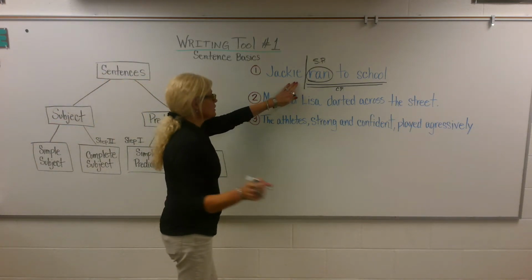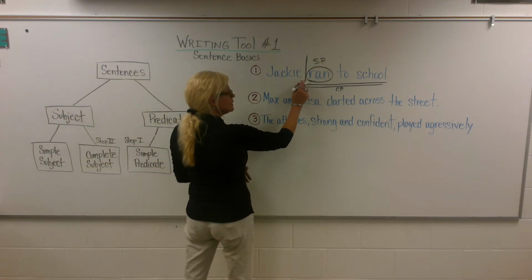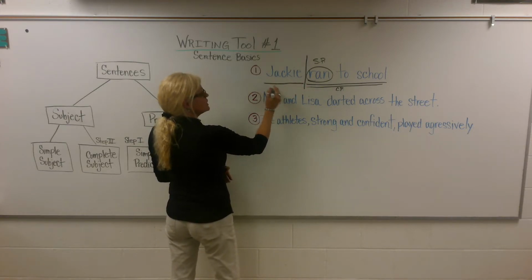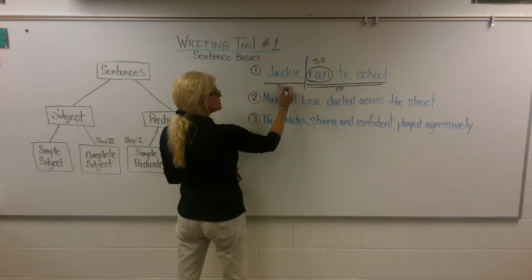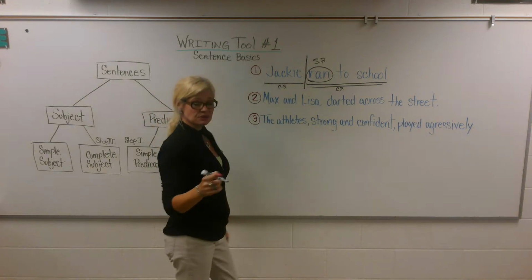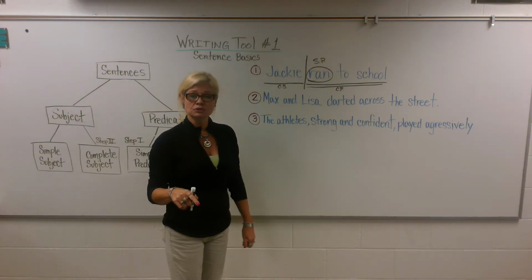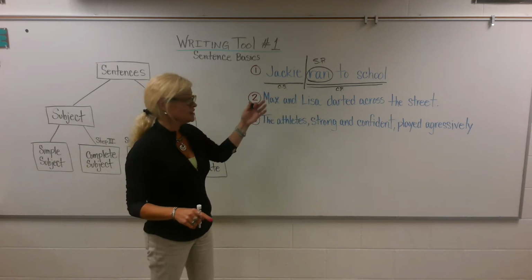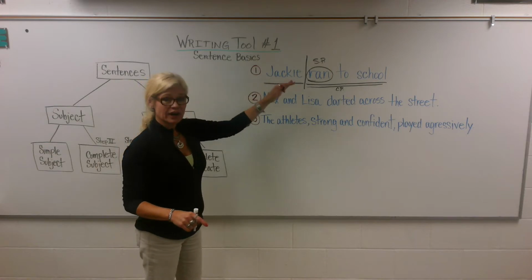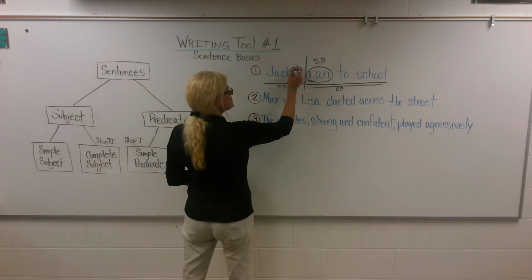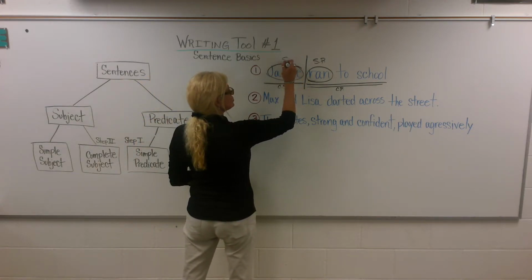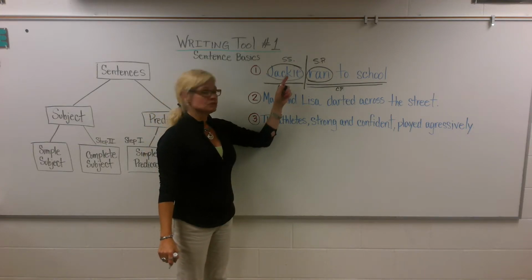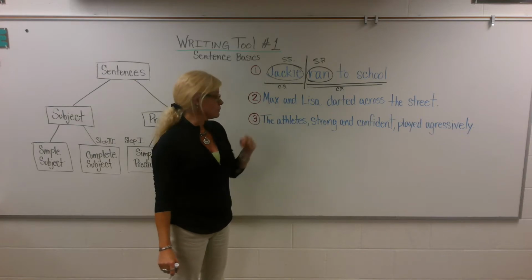Because this is how we do it. We draw a line from this vertical line all the way to the front of the sentence. This right here is your complete subject. Now we also ask ourselves, who ran to school? Because the subject is the person who verbed, or the thing that verbed. So who ran? It was Jackie. This is your simple subject. If you look at this, you notice your complete subject is also your simple subject, and that happens.